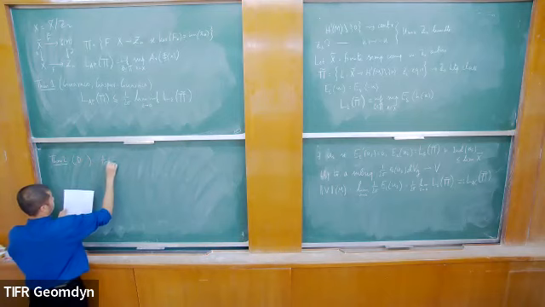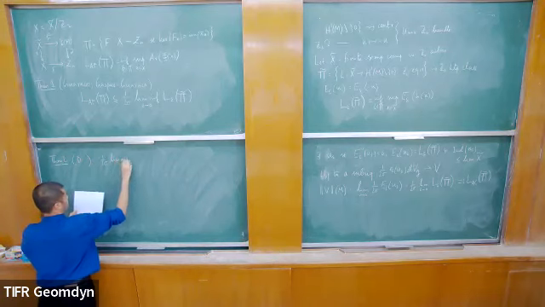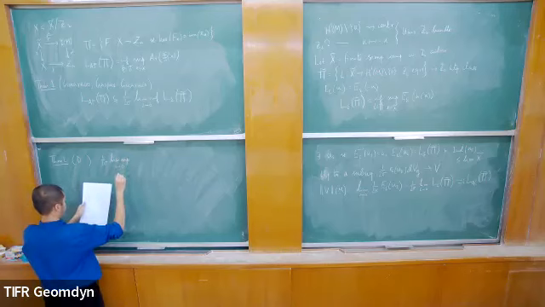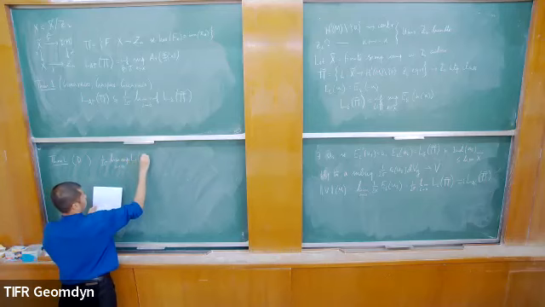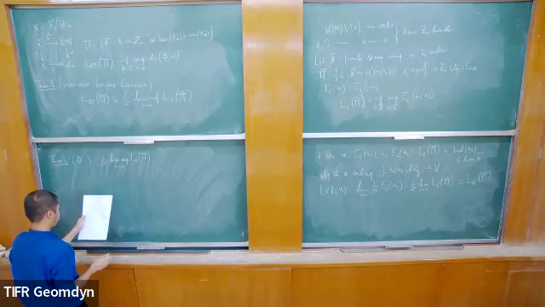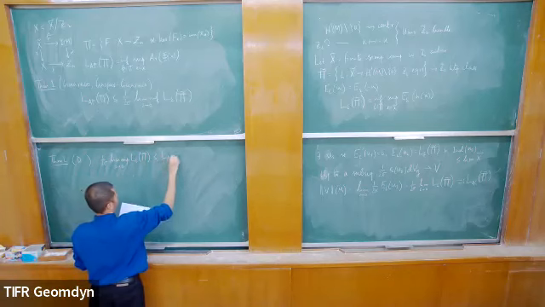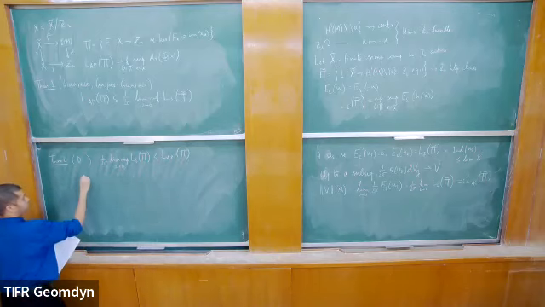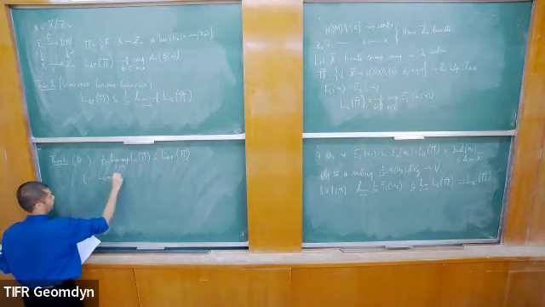So 1 over 2 sigma times the limit as epsilon tends to 0 of L epsilon of pi tilde is less than or equal to the Almgren-Pitts width of pi. So combining these two inequalities, this is equal to the Almgren-Pitts width of pi.